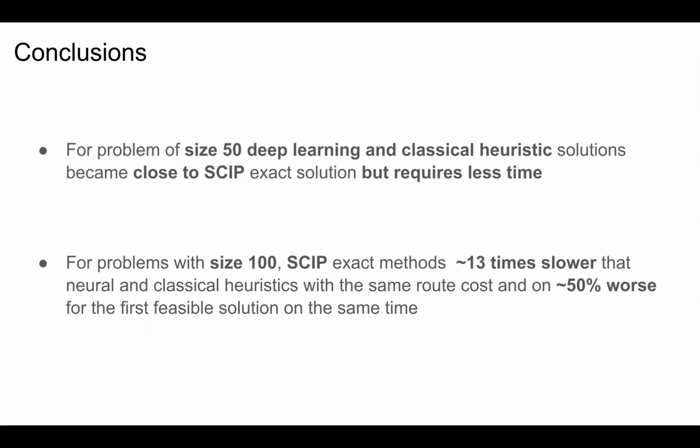The same result holds for size 100, a medium size of task, where the first feasible SCIP solution comes about 13 times slower than the heuristic one. So that's all. Questions, please.